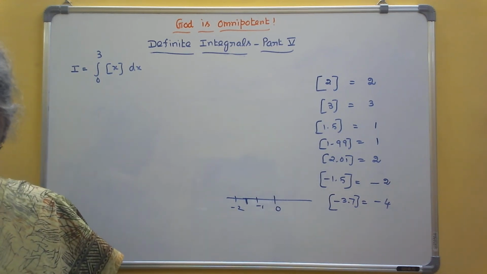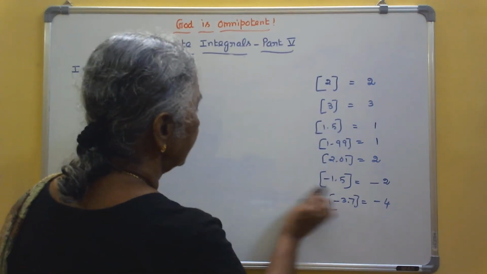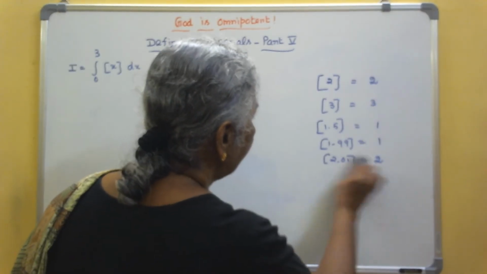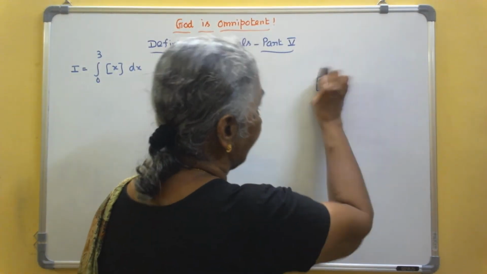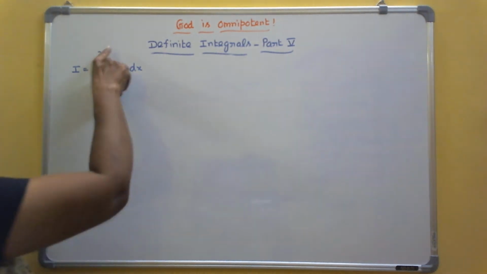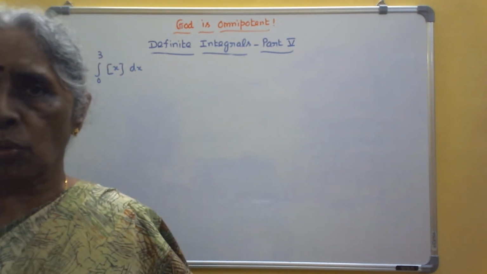Now, let me come to this sum. Here I have integral 0 to 3 and the greatest integer function, a very simple one, just x there. So, this sum is the simplest possible.